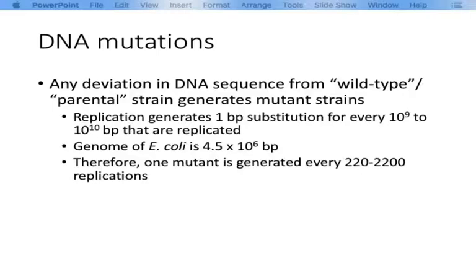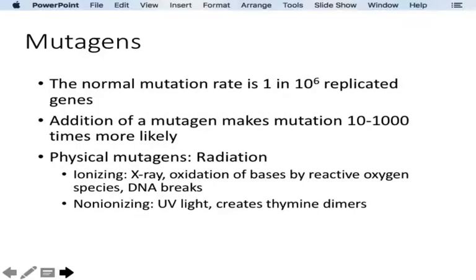What it does is it takes adjacent, if you have, for example, a sequence of DNA that has two thymines next to each other, what UV does is it actually creates a bond between those two thymines. And it's not on the backbone, it's actually between the DNA bases themselves of those two thymines.